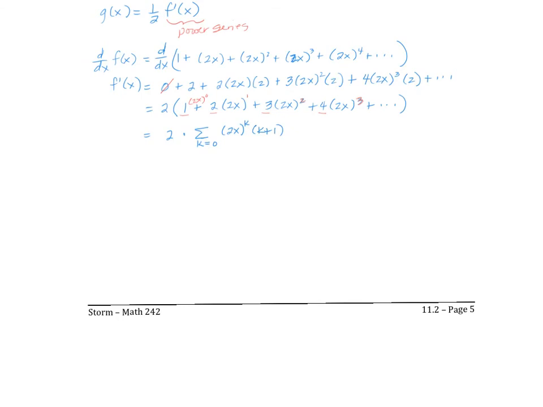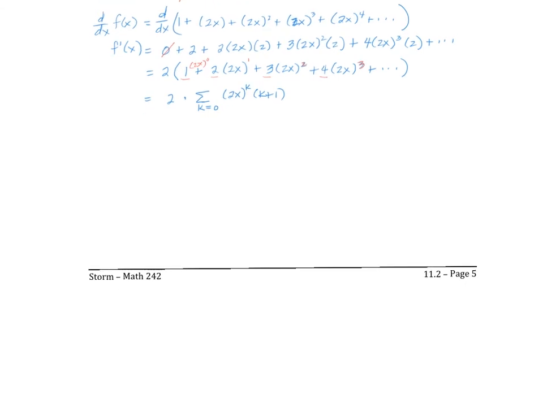This is not unique, right? Whenever we come up with series, you can describe them in any way that you choose. However, this is one description of my derivative. And remember that g of x is equal to 1/2 times f prime.